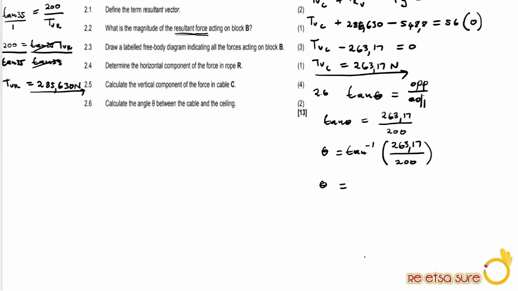So second function of tan 263,17 divided by 200, and then our answer there is 52,77 degrees. That is our final answer.